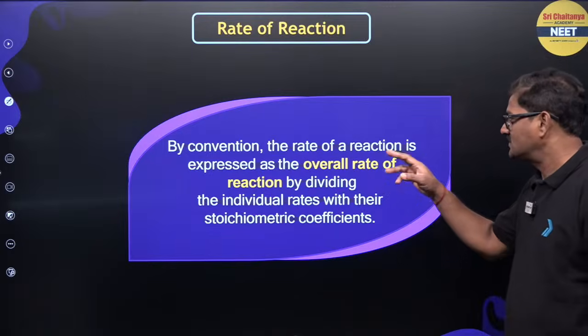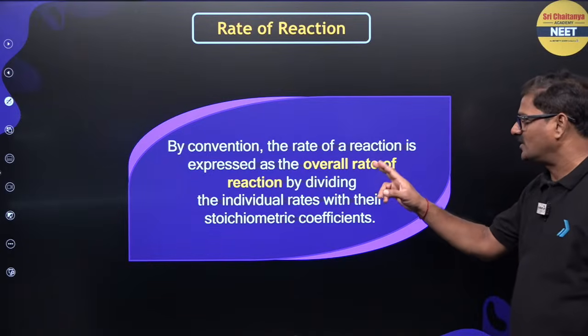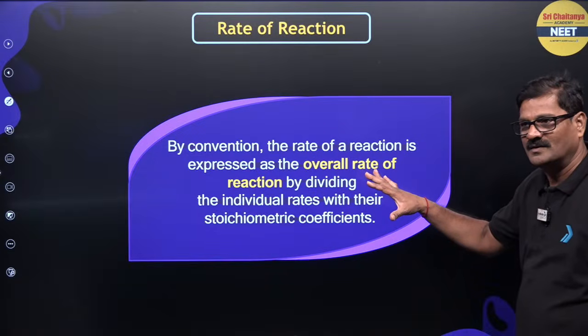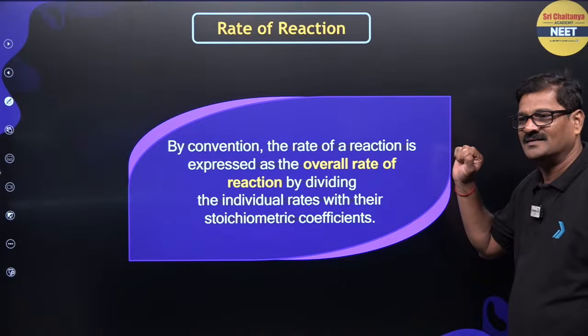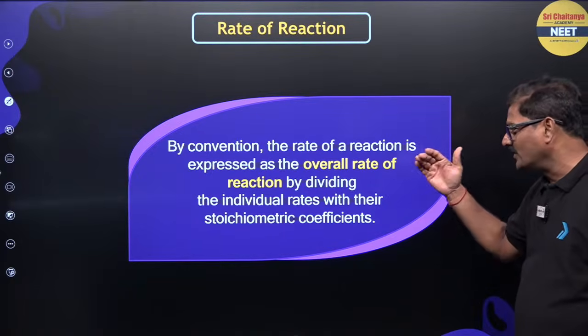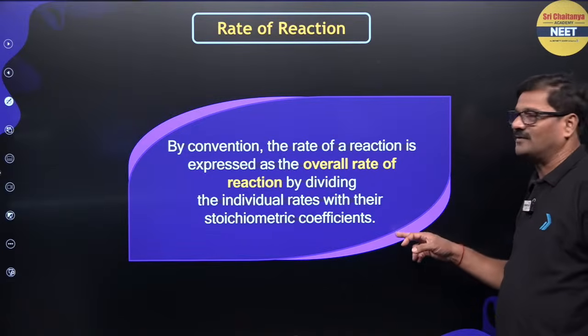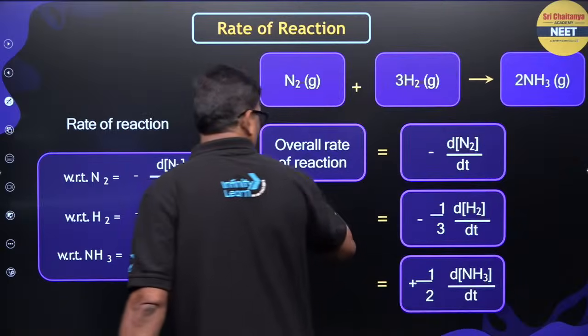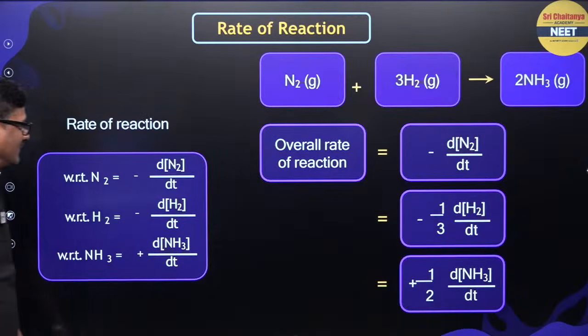Now, by convention, the rate of a reaction is always expressed as overall rate of a reaction. Clear, that's good. So, by dividing individual rate with their stoichiometric numbers. So, N2, 3H2, 2NH3, you are going to write like this.